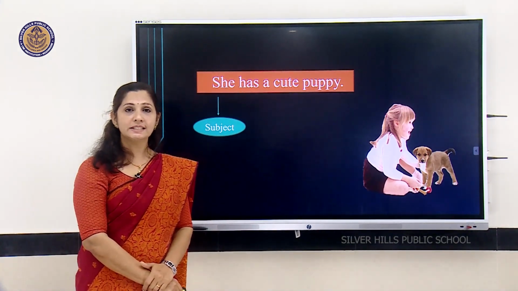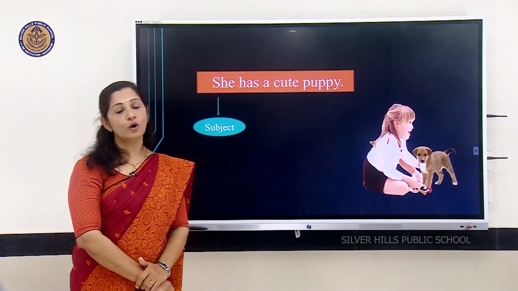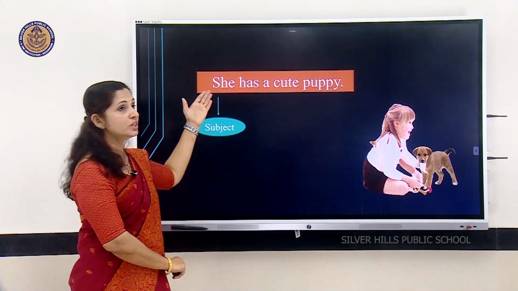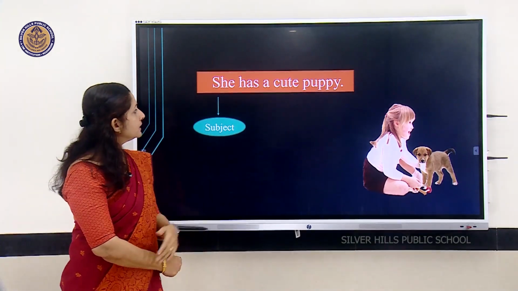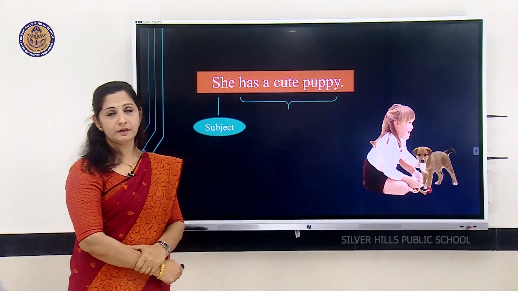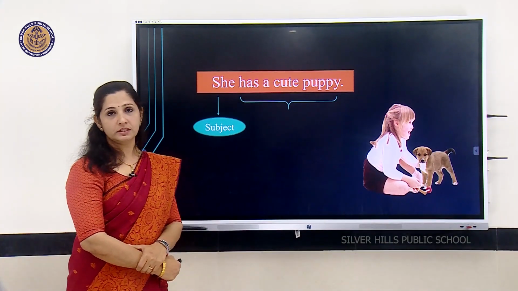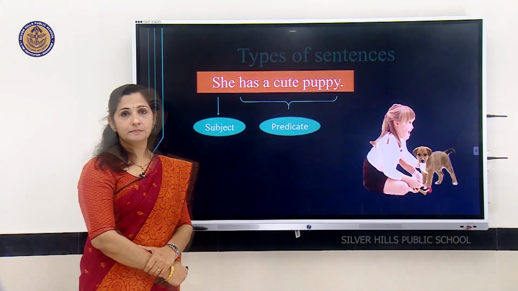We have already discussed that the subject in the sentence can be a noun or a pronoun. In this case, the subject is she, which is a pronoun. Now, the rest of the sentence, that is, has a cute puppy, tells us the information about the subject. So, that is the predicate of the sentence.